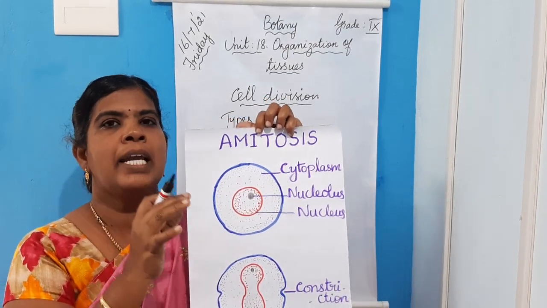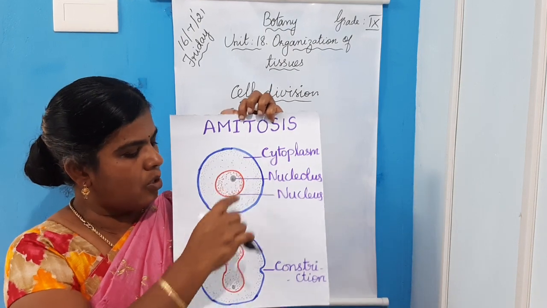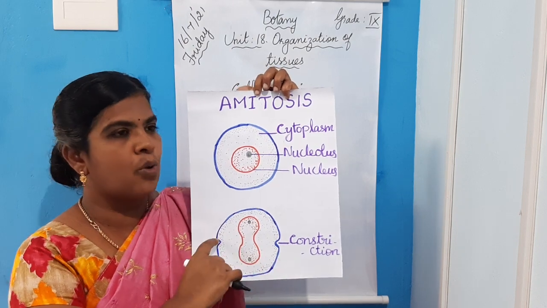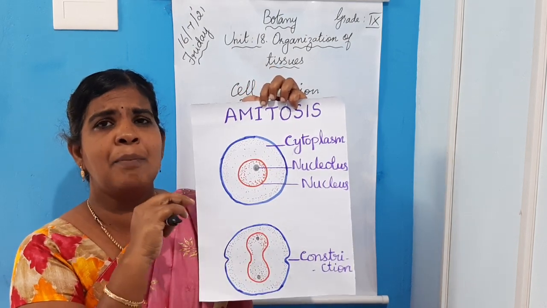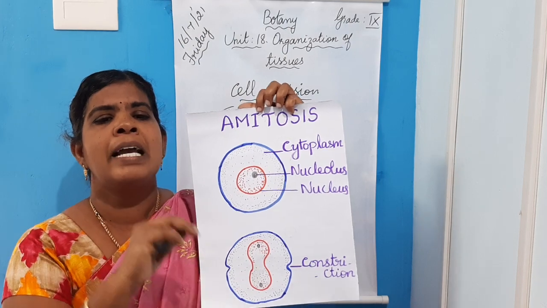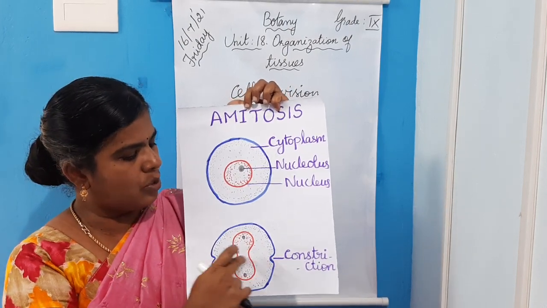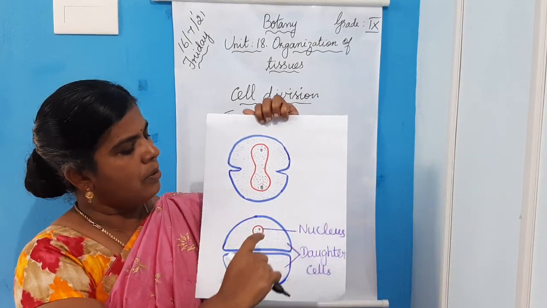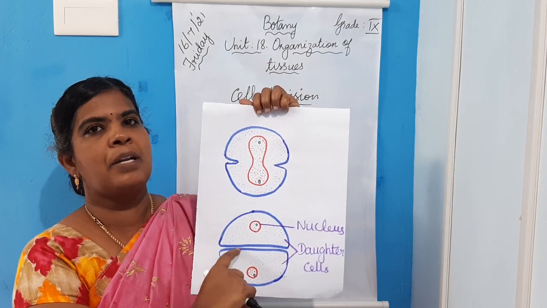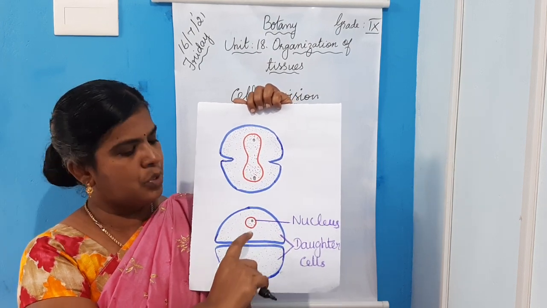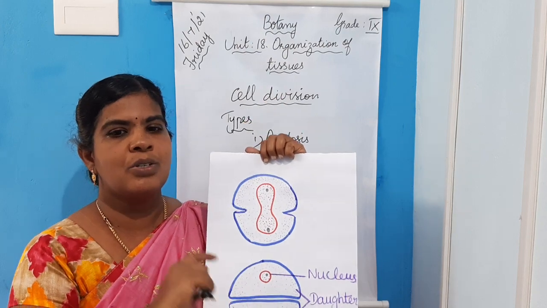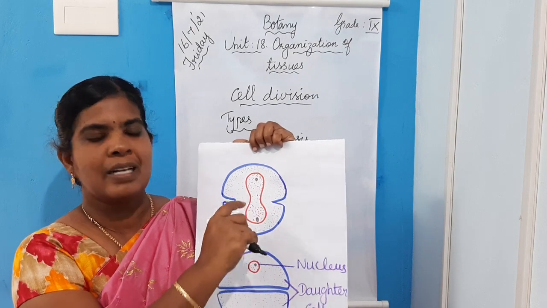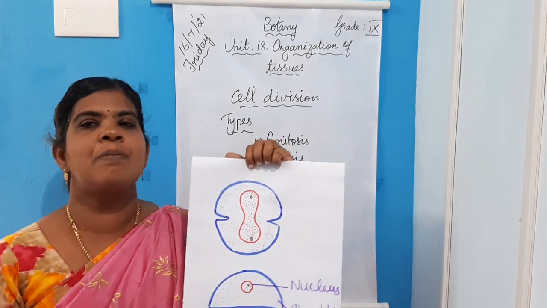Here during amitosis, the nucleus elongates. See here, the nucleus elongates and a constriction or a cross wall is formed in the middle of the cell. It divides the nucleus into two. Now the constriction formed in the middle results in the formation of two daughter cells. After the formation of this constriction, there will be the division of cytoplasm.